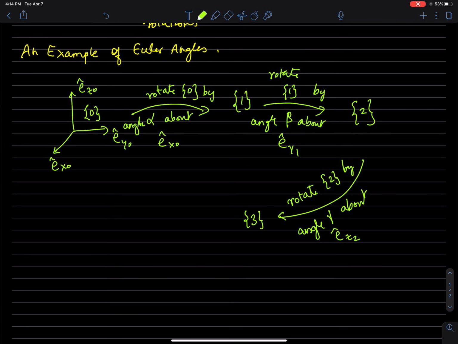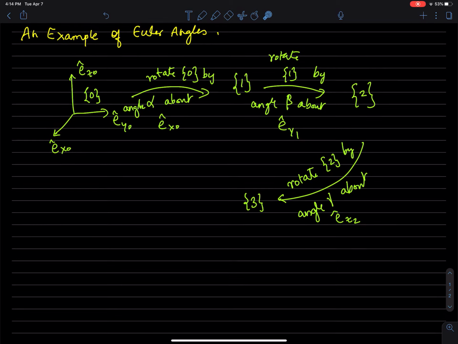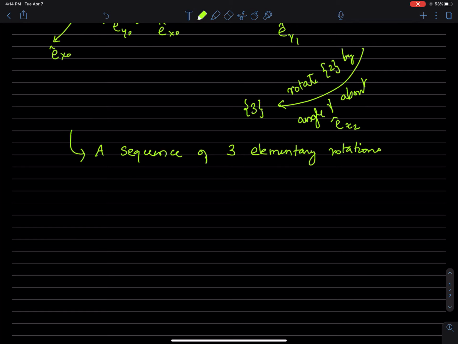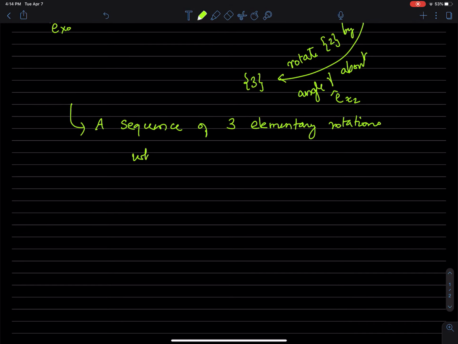Okay, so we are converting this to this, this to this, this to this by a sequence of 3 elementary rotations, whose rotation matrices we already know.